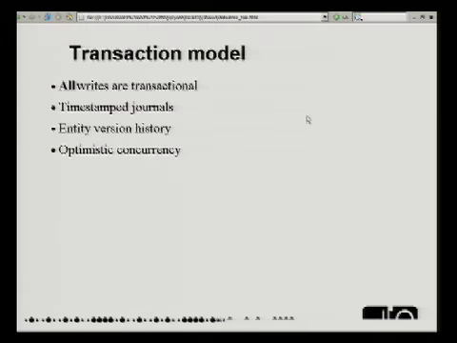So the transaction model for the datastore is that all writes, puts, and deletes are transactional, whether or not you explicitly wrap them in a transaction. We journal all of the writes, and journals are time-stamped, and this is basically how we implement this. In each row, we have the last few versions of an entity.